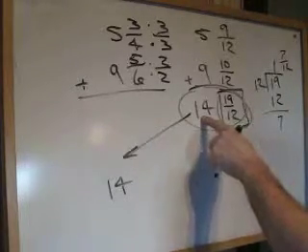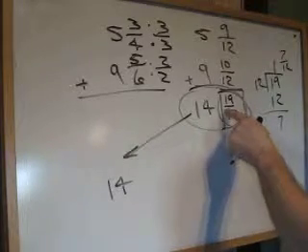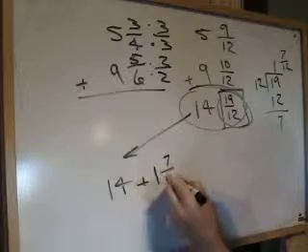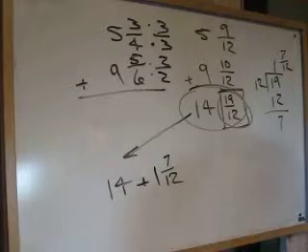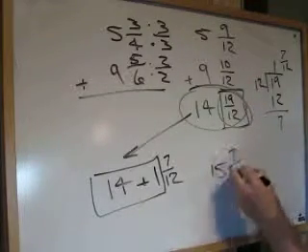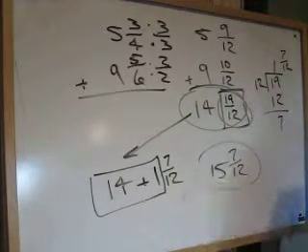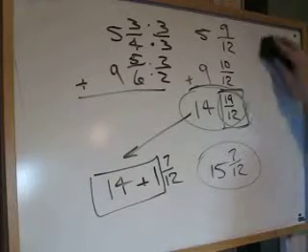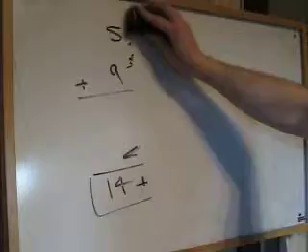This is the same as 14 plus 19 over 12, or the same as 14 plus 1 7/12. Alright? So we just add our whole parts, and we tag on our fraction, and that ends up being our answer when all is said and done. Alright, let's try another one of those.